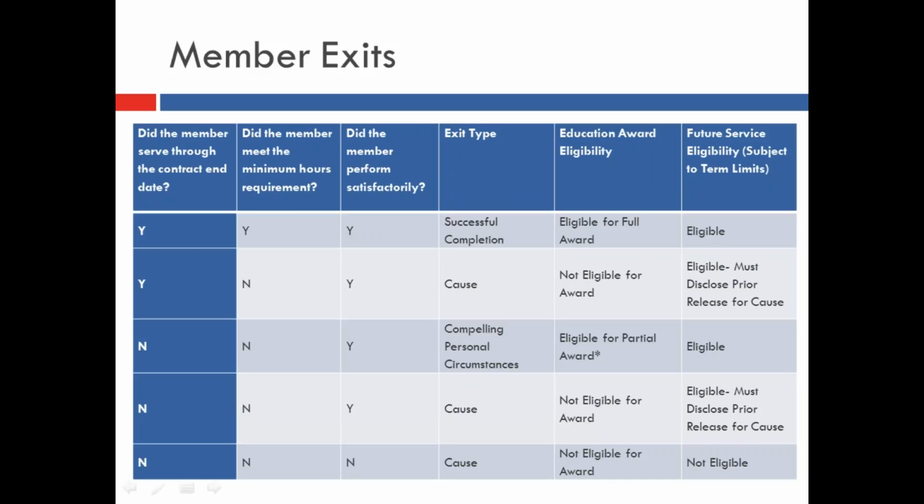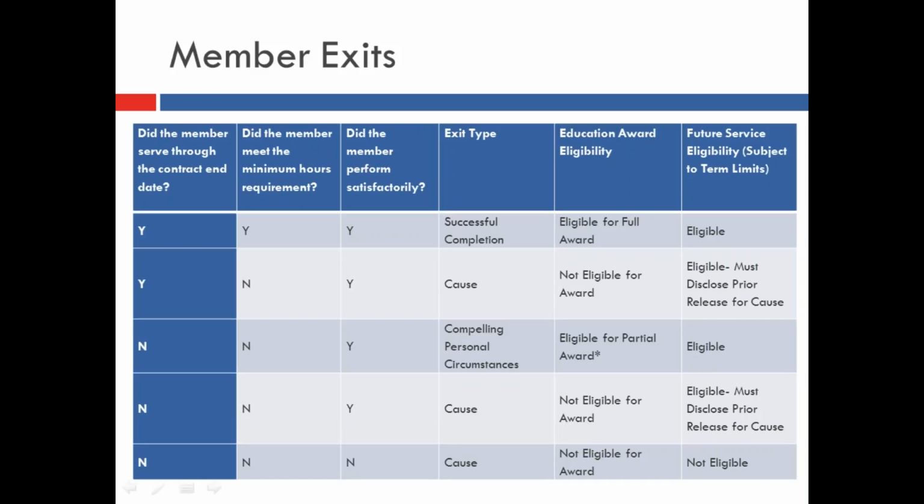If the member serves through the contract end date but doesn't meet their hours requirement, so they served 350 out of their 450 hour slot, but did a great job, they just couldn't make it because of other commitments, that's a cause exit, but they are eligible for future years of service. They don't get an ed award.